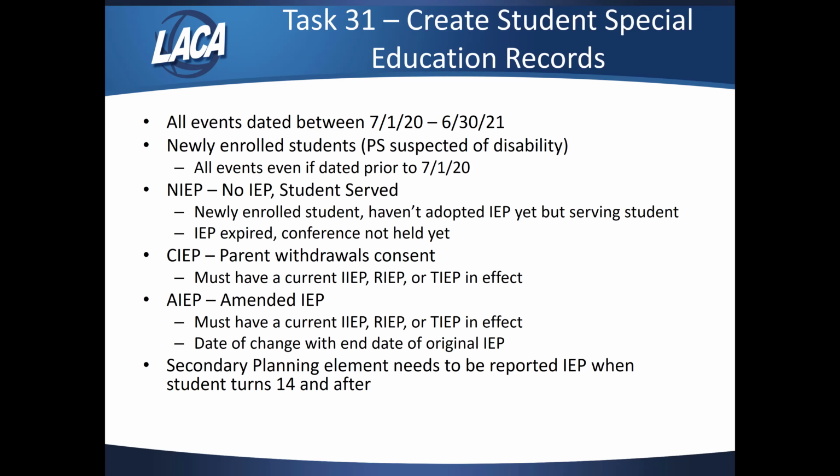So if they do the AIEP before the student turns 14, then the record will get funded. But if it's not on the RIEP and they don't do the AIEP until after the student turns 14, then that RIEP will never get funded. That fatal error will never go away.